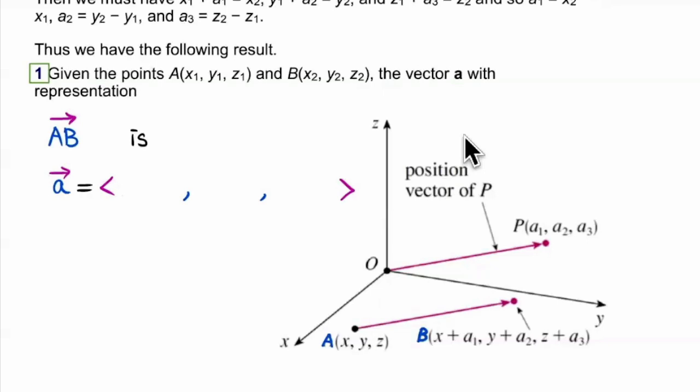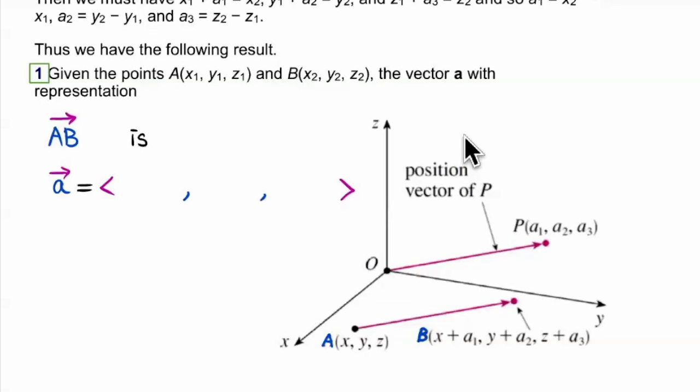What will be the ending point of this vector that's equivalent to the original? All you have to do is add A1 to the first coordinate, add A2 to the second coordinate, and add A3 to the third coordinate. That will be the ending point of this vector that's equivalent to the one you started with.